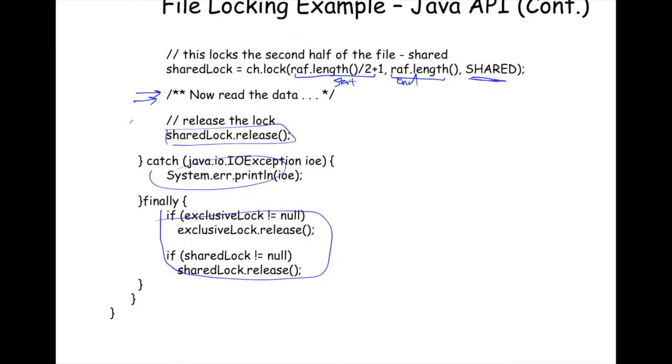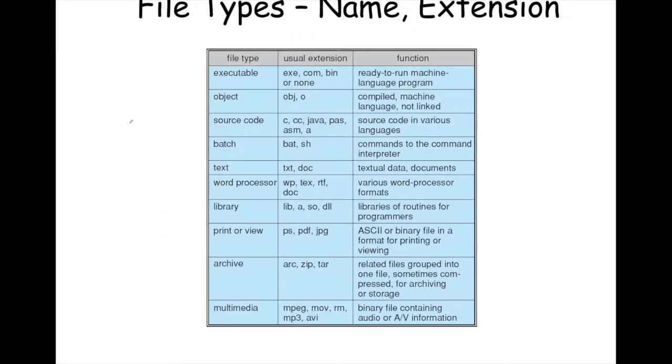Okay, so let's take a look at file types. I alluded before, when we looked at the file status information, that dialog box in macOS, that a file can be associated with an application. There are all sorts of file types, and typically the easy way to determine a file type is to include information about that file in the name.